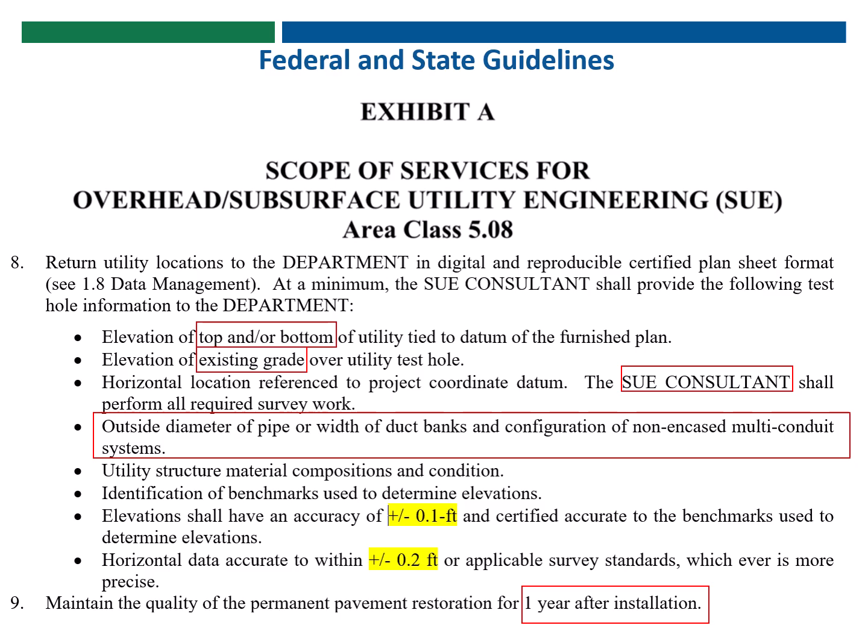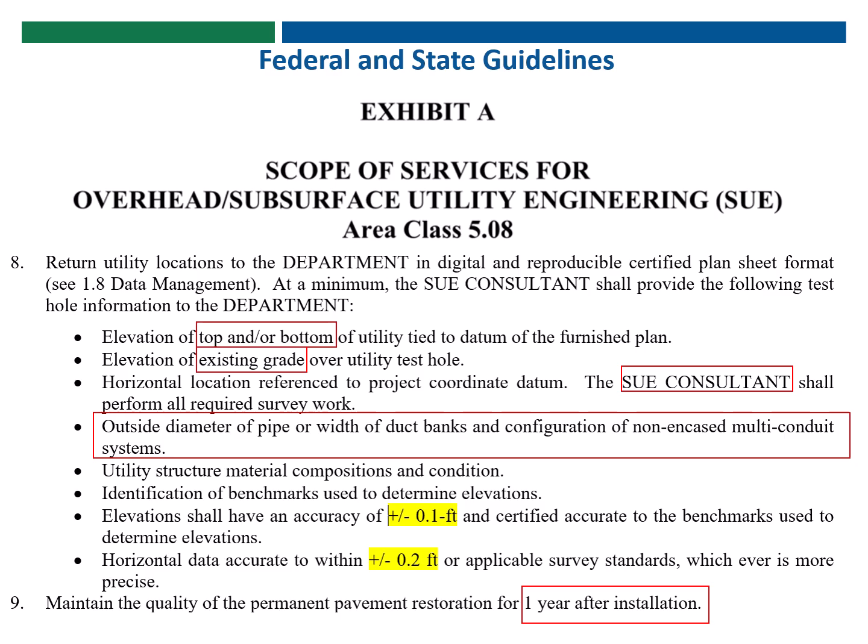Elevations of top and or bottom of utility tied to datum of the furnished plans are required. We will discuss later during this training when bottom elevations are required for utilities. Elevation of existing grade over utility test holes are also required.